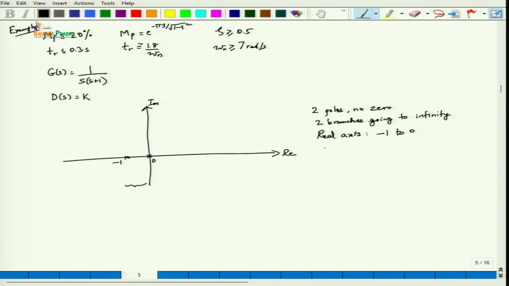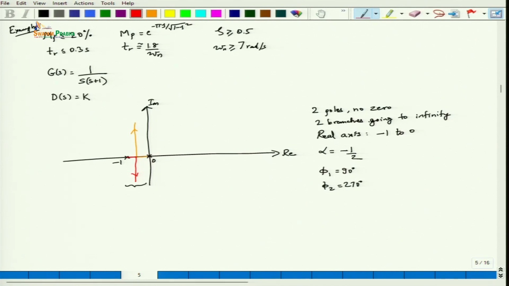Now there will be two asymptotes, so we need to find the value of alpha, which will be -half, and phi 1 will be 90 degrees, phi 2 will be 270 degrees. So we can plot the root loci. So it looks something of this form, a rough sketch of the root loci we have got.